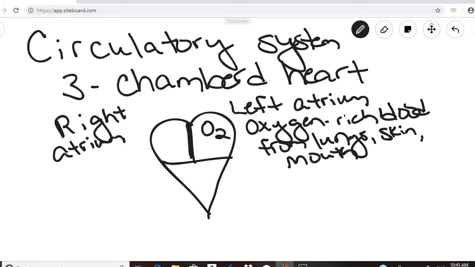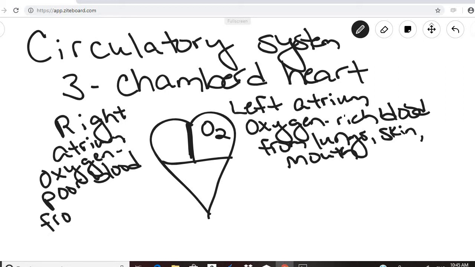The right atrium is filled with oxygen poor blood because that blood has just returned from other parts of the body.